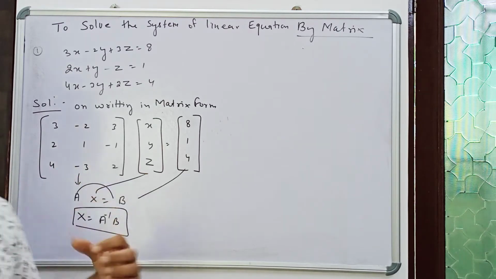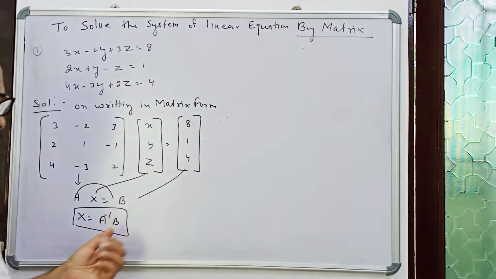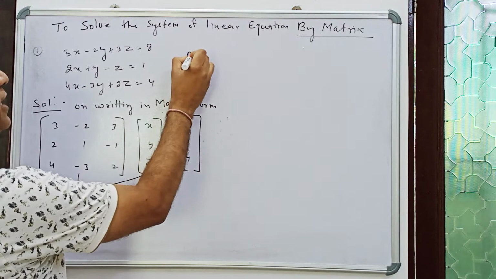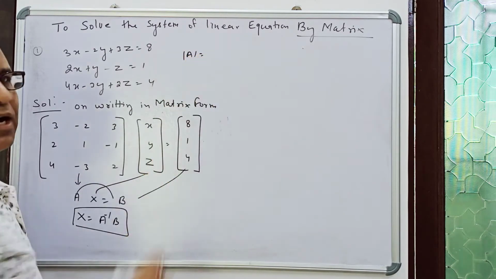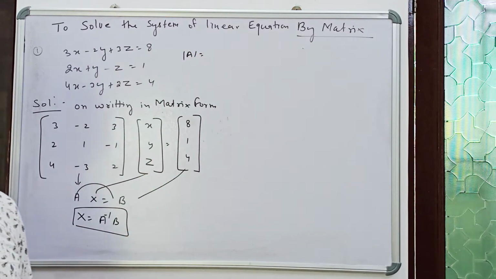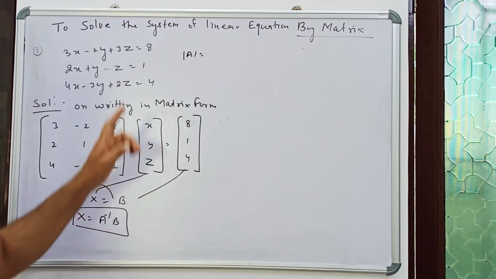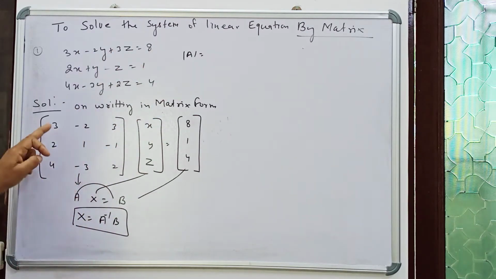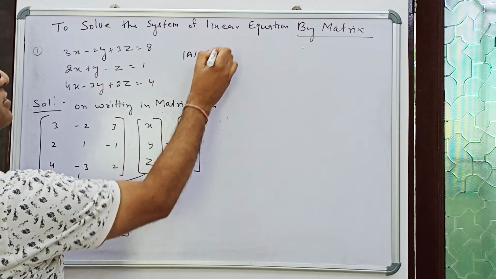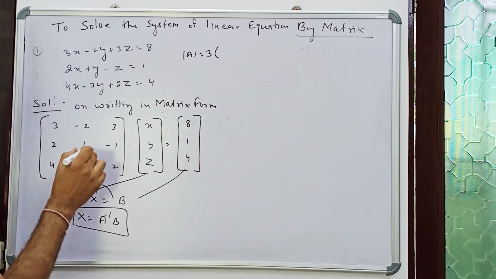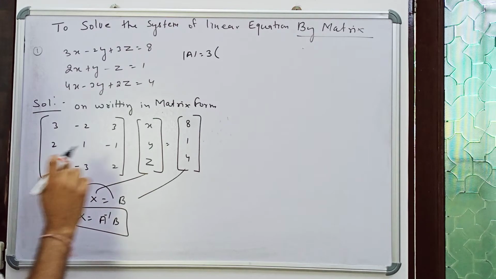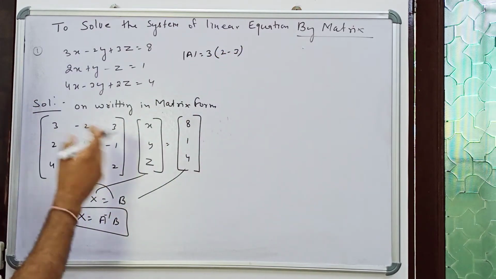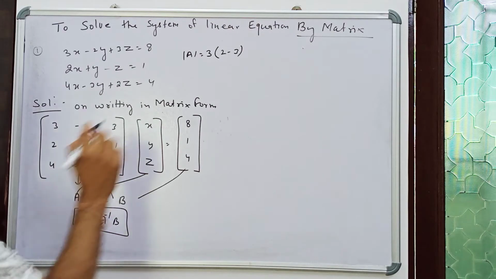So the important step in this is we have to calculate A inverse, and you all know that A inverse exists only when the value of the determinant of A is not equal to 0. So the first important part is we will calculate the value of the determinant of A, and for that it is 3 into 2 minus 3, because these two are minus and one minus is of the formula, so it is minus 3.